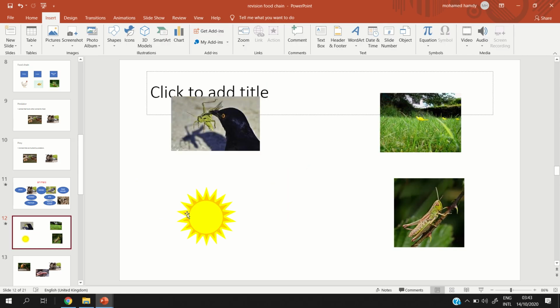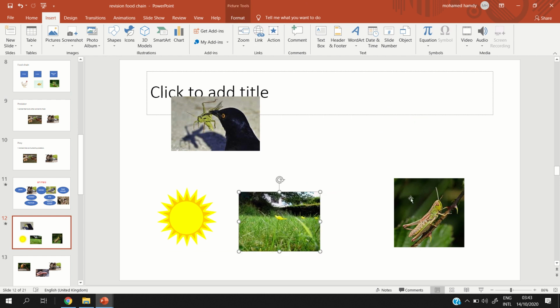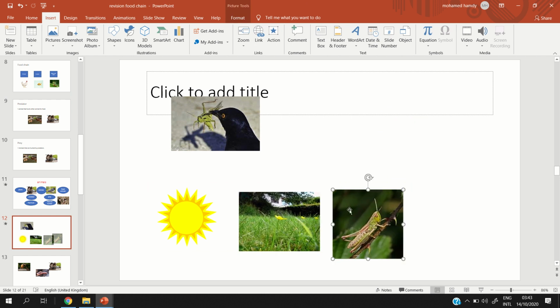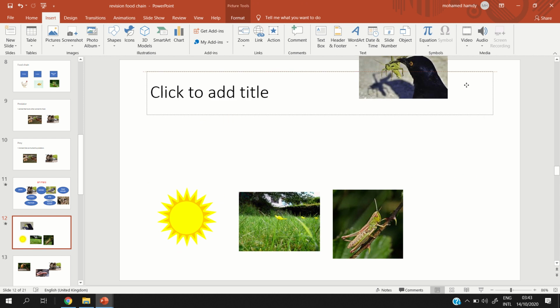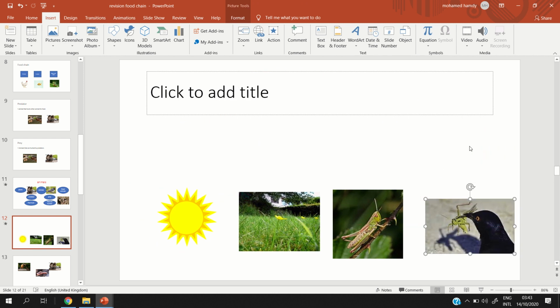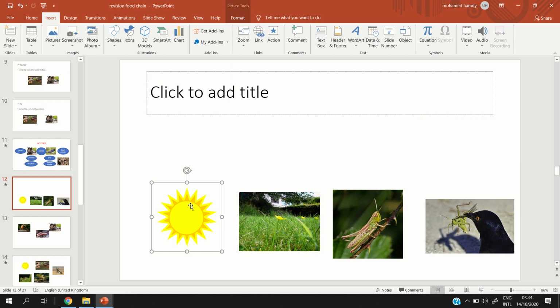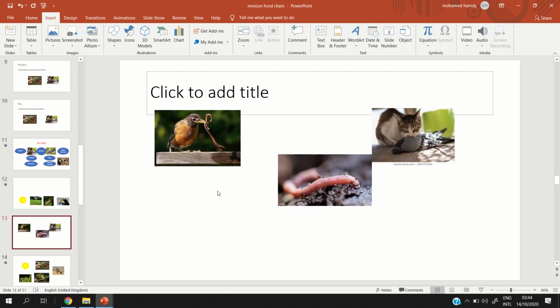So look, number one, the sun, number two, the plant, number three, the insect, and number four, the bird. Okay. And what about this food chain? It starts from the sun also, yes, so I must put the sun here, okay.